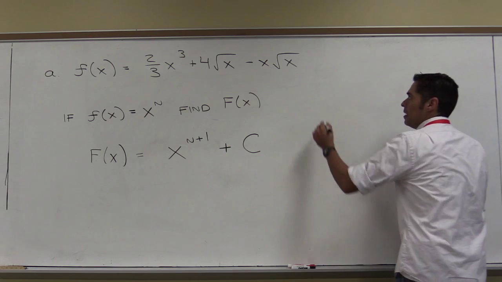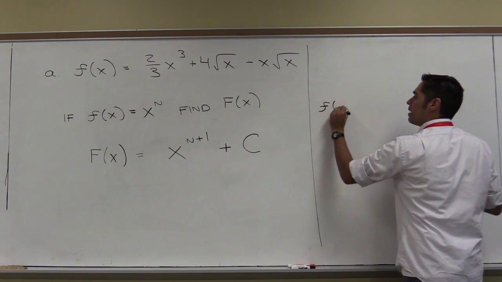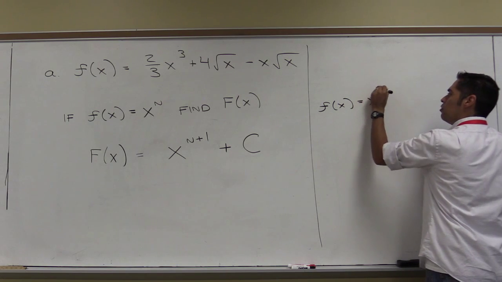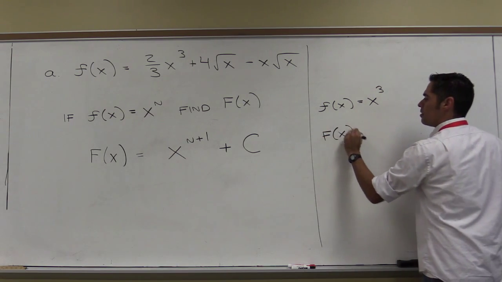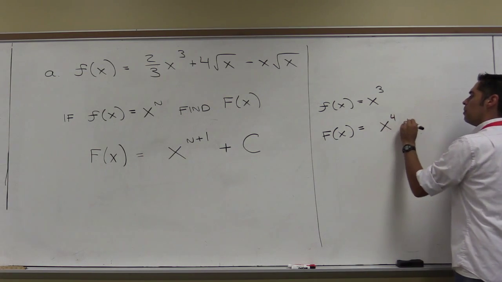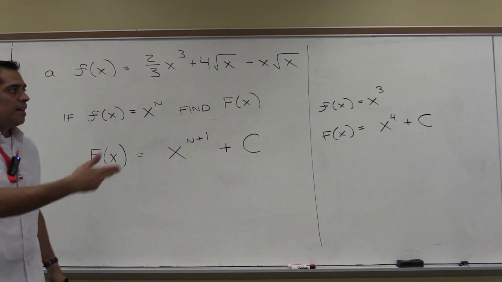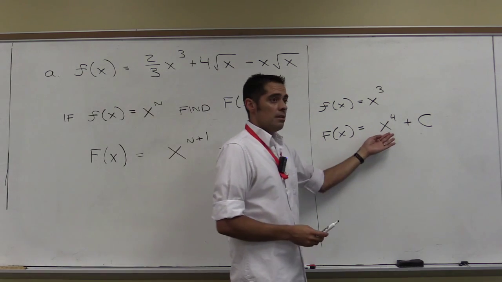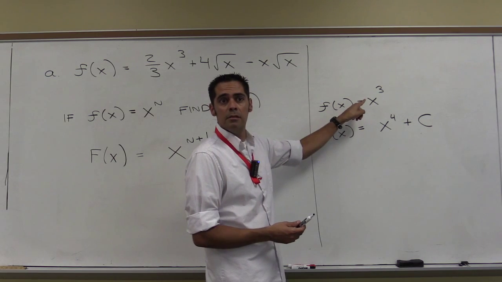So let's just check real quick if this works. Let's try it on something. I'll do an example over here. Let's say little f of x was x cubed. Is our formula good? Capital F of x equals x to the 4th plus c. Is that going to work? No, because when you take the derivative of this, first thing that happens is that 4 comes out. And we don't want the 4, do we?